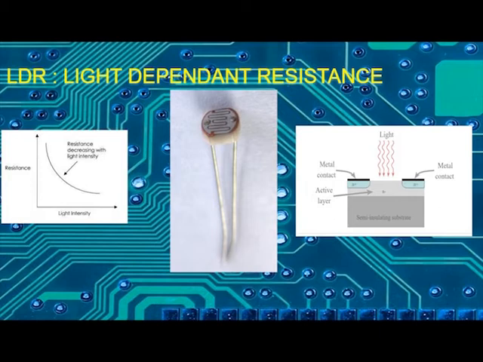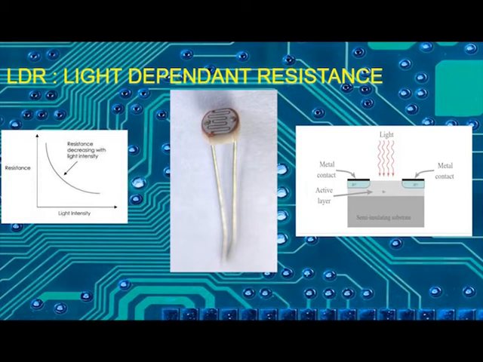It is a passive component that decreases the resistance with respect to receiving light on the component's sensitive surface. The graph on the left side of the slide depicts the relationship between the resistance and the light intensity. The relationship is simply the inverse of each other.